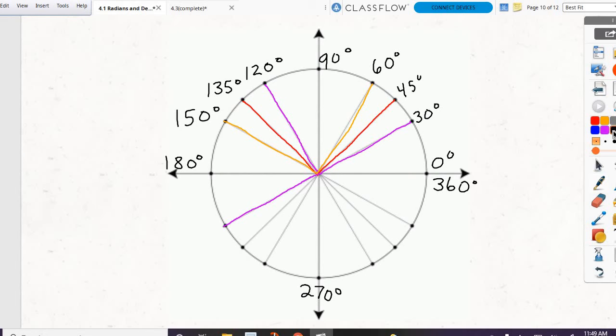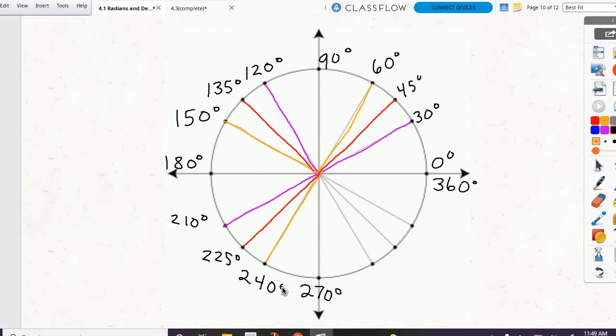So 30 plus 180 gives us 210. 45 plus 180 gives us 225. And then 60 plus 180 gives us 240.